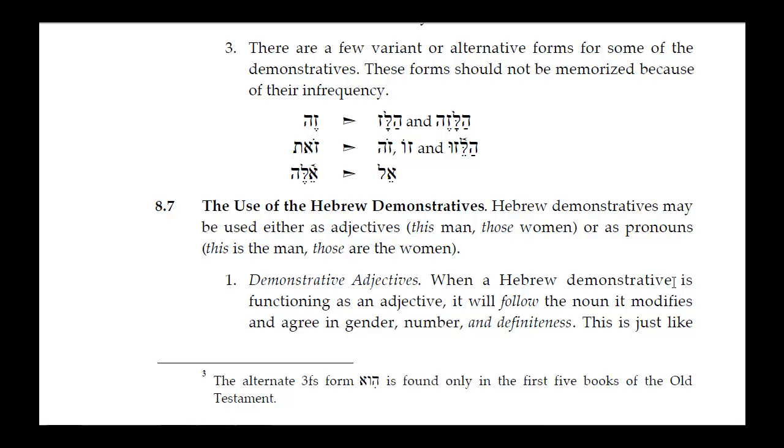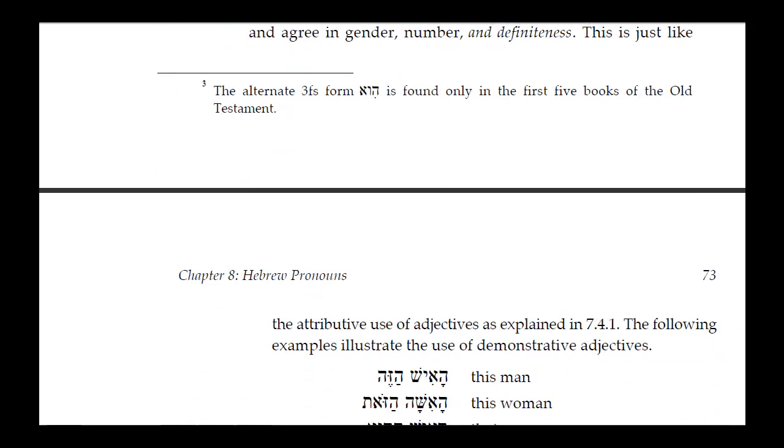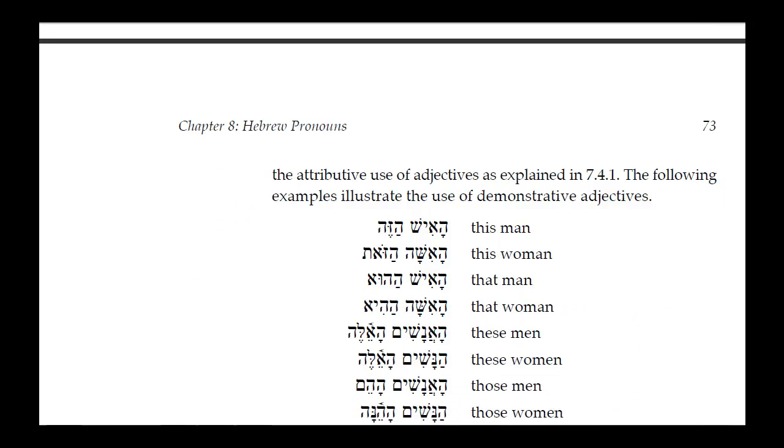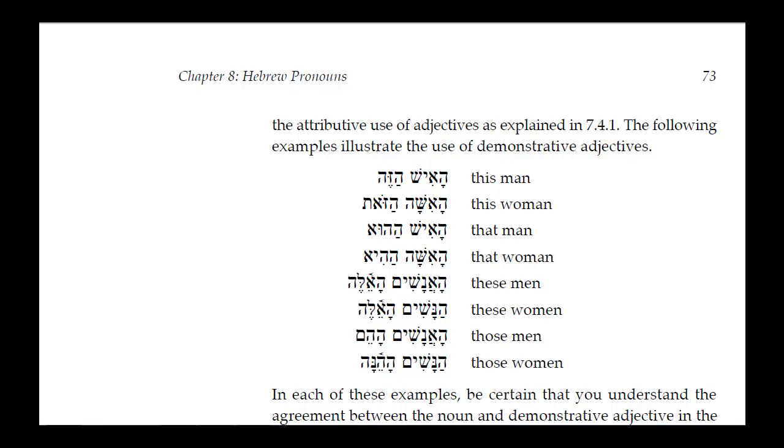When a Hebrew demonstrative is functioning as an adjective, it will follow the noun it modifies and agree in gender, number, and definiteness. And like I said, this is just like the attributive adjective use of the adjectives that we explained in chapter 7. And here's some following examples of the use of a demonstrative adjective.